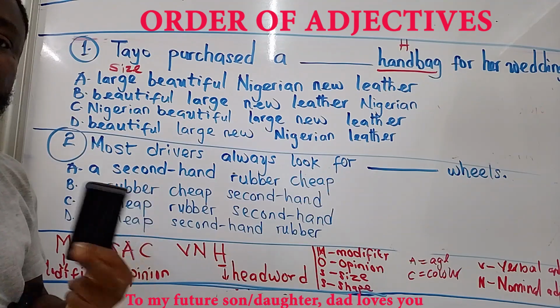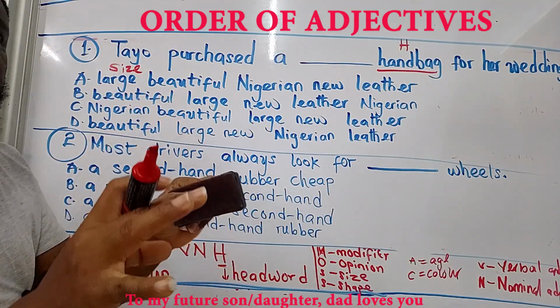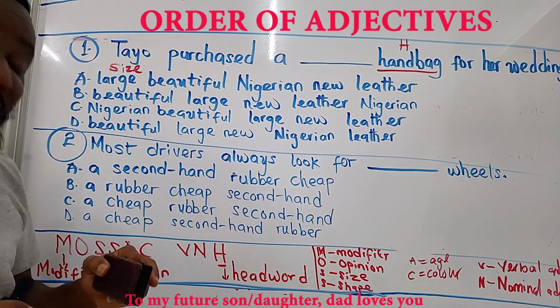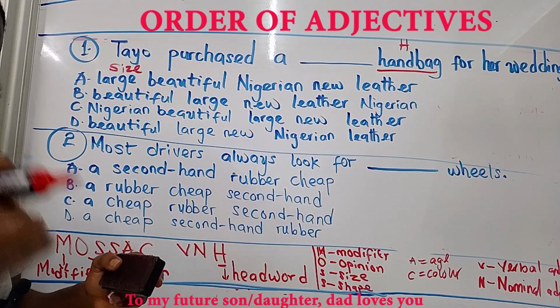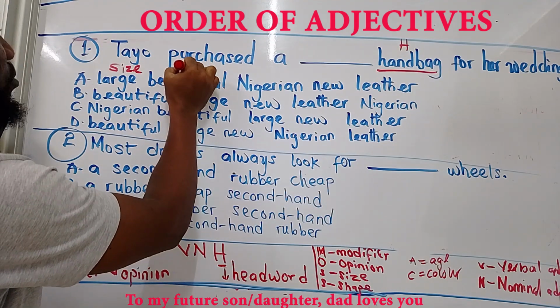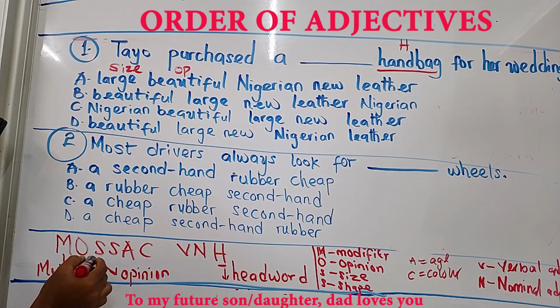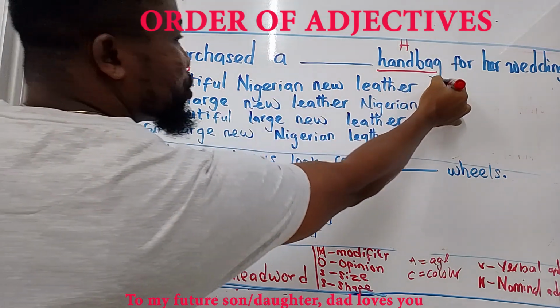Someone who's beautiful to you might be ugly to me. So the judgment depends on the bias of the person speaking. Beautiful is an opinion adjective. Size is coming before opinion, and from the formula, size should come after opinion. So with this structure, you know that this option is wrong.